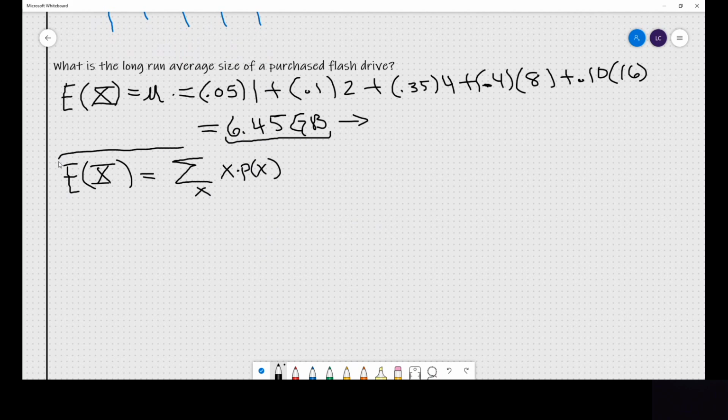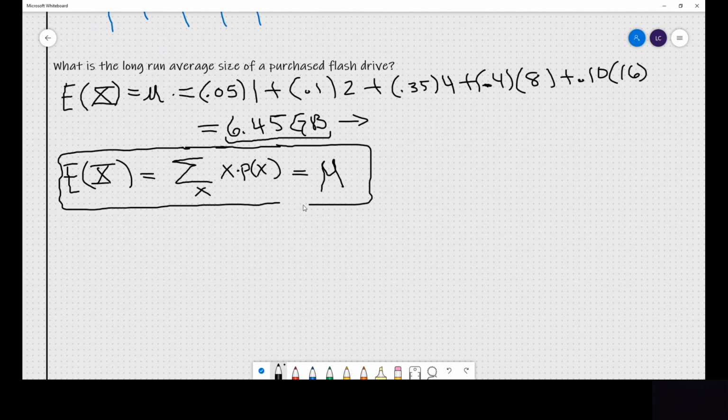So this is also equal to mu. Yeah, another horrible mu, but we'll have to live with that one.